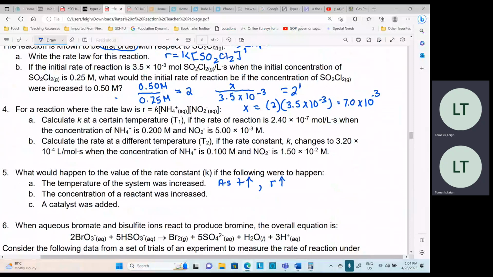The concentration of a reactant increased: as C goes up, C can stand for concentration, R goes up. A catalyst was added, then R goes up. R always goes up. Doesn't matter even how much, just R goes up.